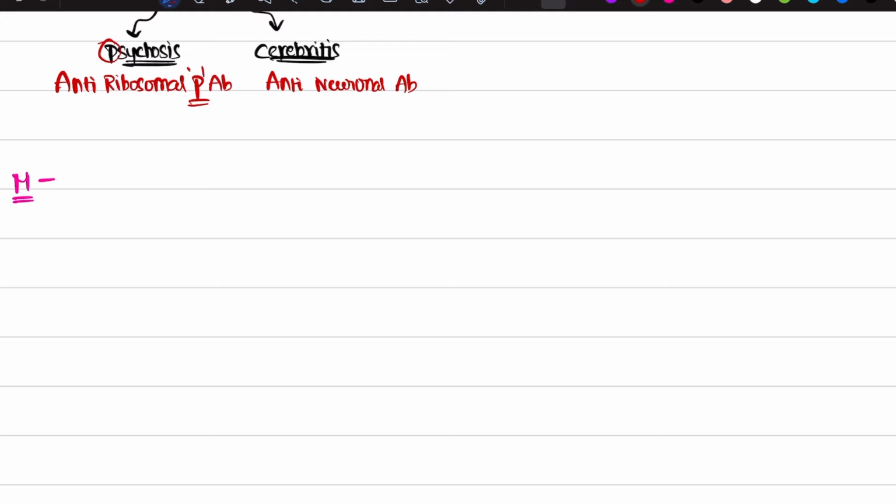I am going to write it for you. That is malar rash. Malar rash is also known as butterfly-shaped rash, the butterfly rash.